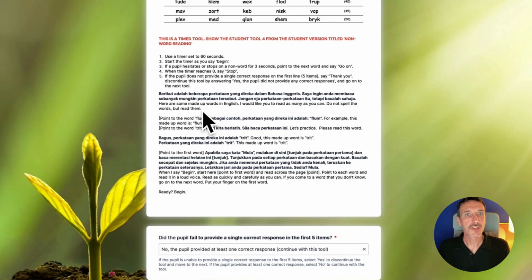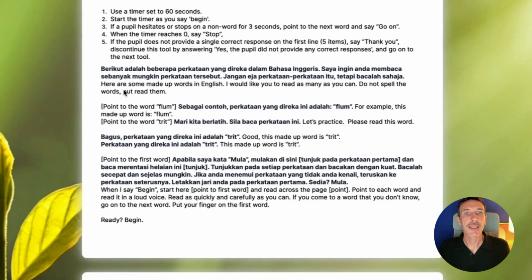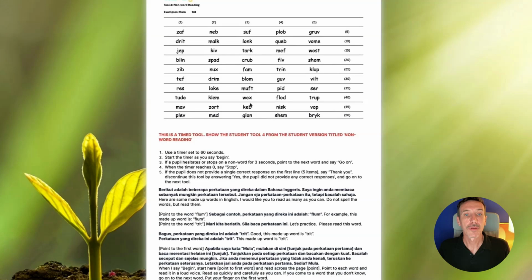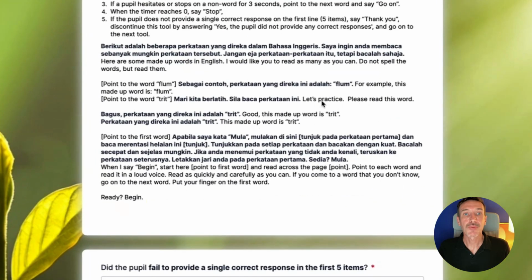Back to the pupil instructions, you will say, here are some made up words in English. I would like you to read as many as you can. Do not spell the words, but read them. For example, this made up word is flum, and you can see you have flum at the top. Let's practice.